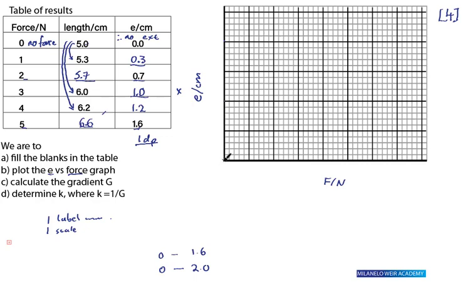So this will be 0.0, this 1.0, this 2.0, so definitely this is 1.5, and this is 0.5.